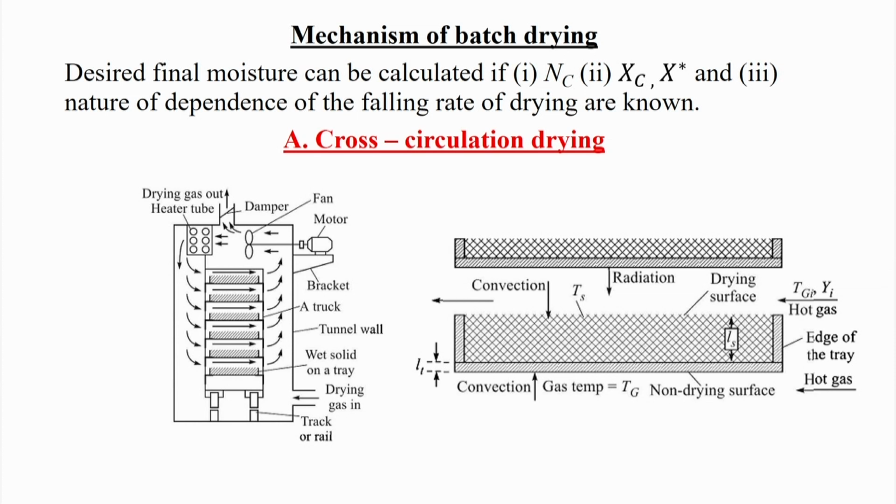If we discuss the mechanism of batch drying, we will be looking at two different cases. One is cross circulation drying, and the other is through circulation drying.